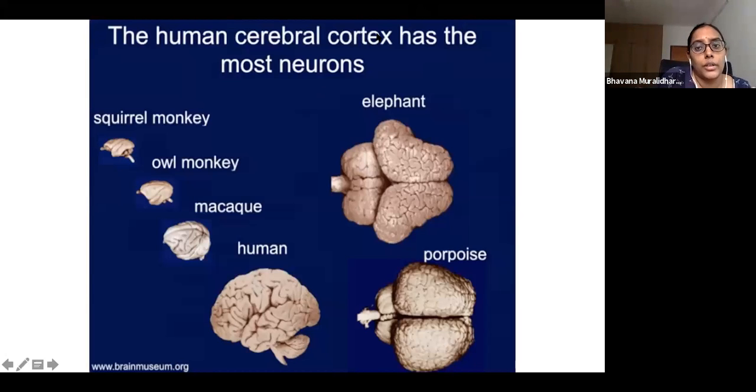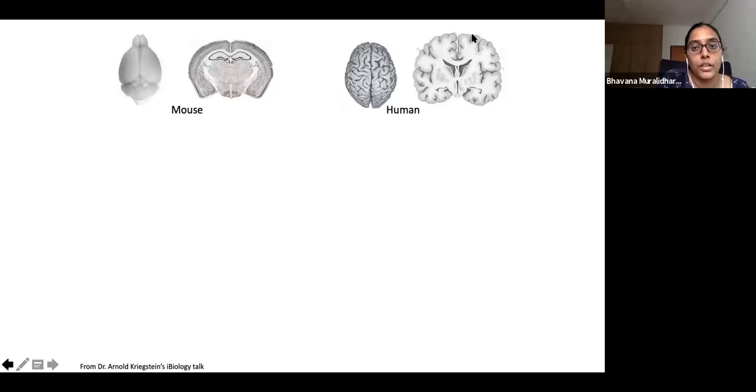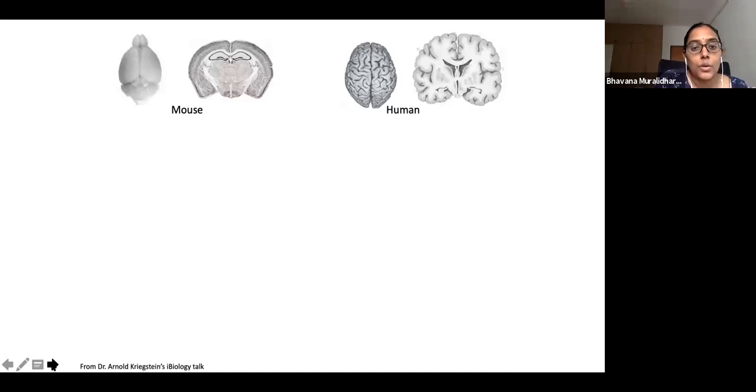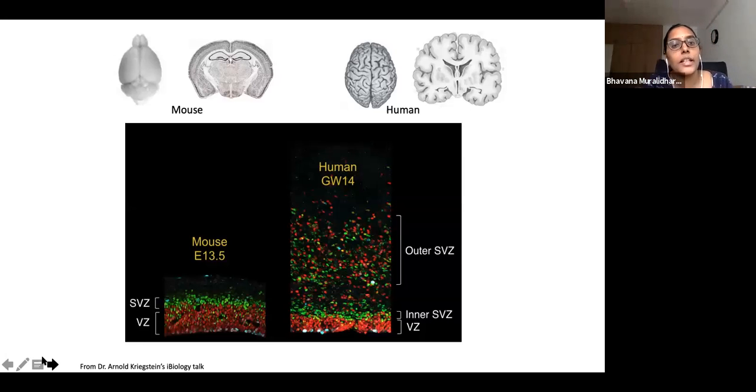So as I said, there are brains which are bigger than the human cortex, namely that of an elephant or a porpoise. But it's important to know that the human cerebral cortex has the highest number of neurons, and that's why the expansion is considered an increase in the number of neurons in the human cortex, right? So what I'm showing you here is there are many differences between the mouse and the human.